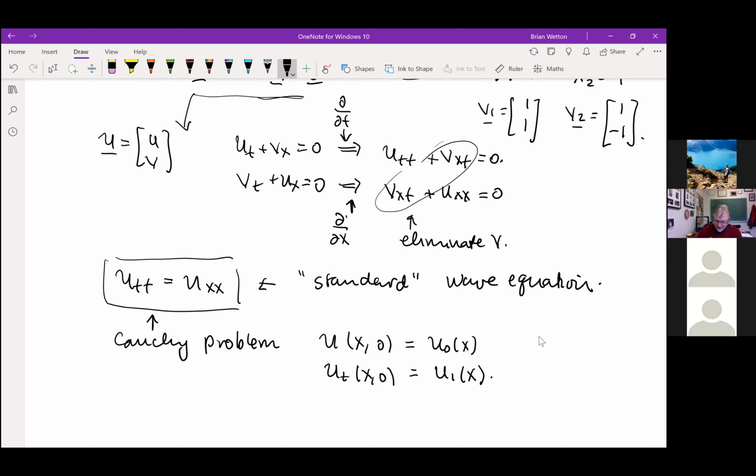And that's not surprising, right, that you need these 2 data. If you think back to ordinary differential equations, if you have a second order initial value problem in time, then you need to give 2 initial conditions.